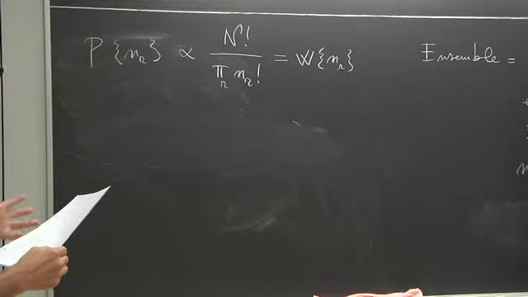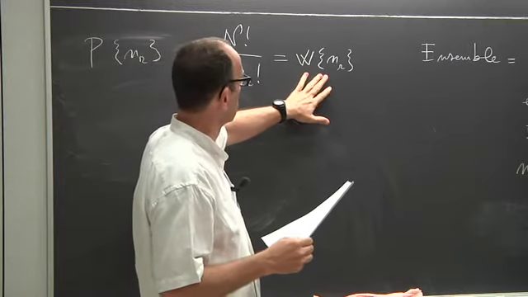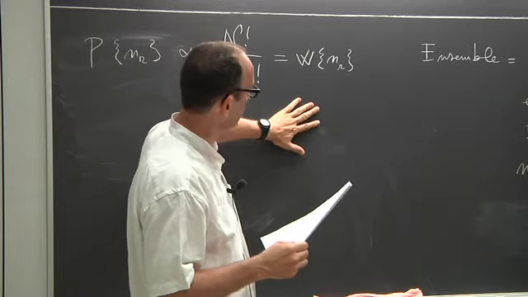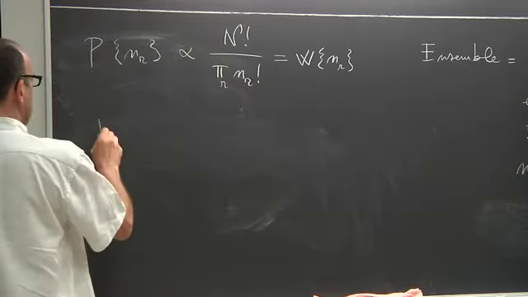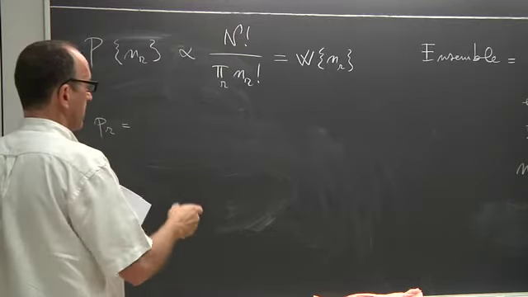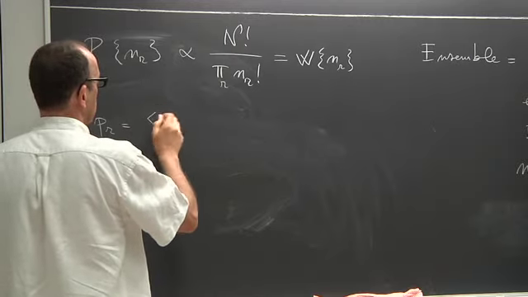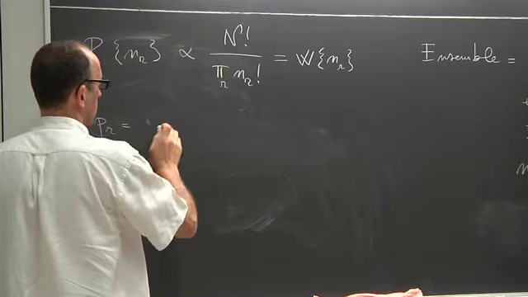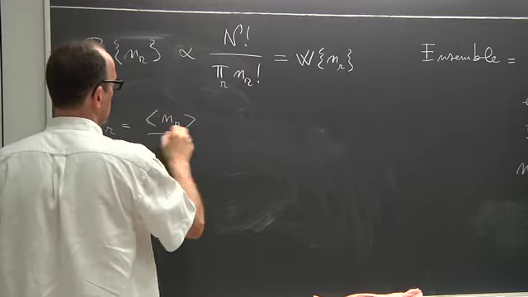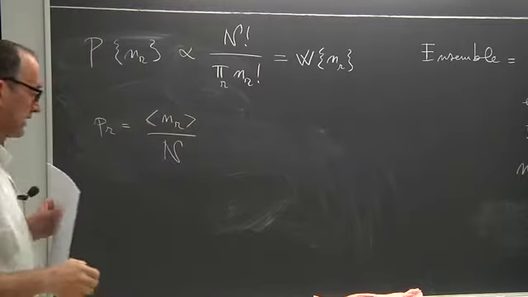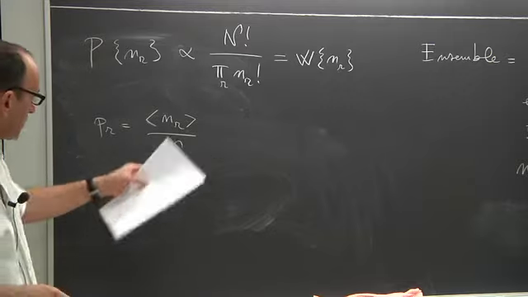If I want to compute, for example, the probability of state r, it will essentially be the average number of points which are in state r in my ensemble divided by n, when this large n goes to infinity.